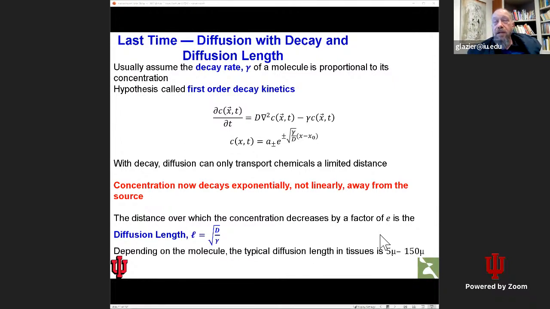Only this time, instead of saying that the second derivative is 0, we have the second derivative proportional to the concentration. Anytime you have the derivative of something proportional to itself, you're going to either have a sine wave or an exponential. In this case, you have an exponential, and we can write that the concentration then is either a decreasing or increasing exponential of the position.